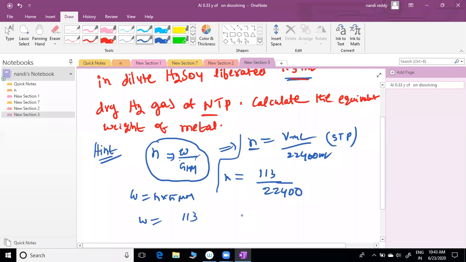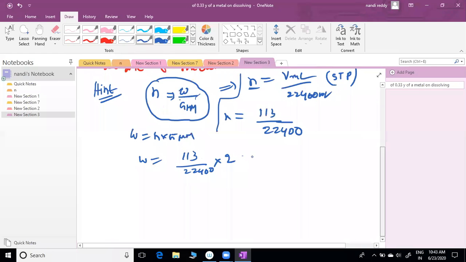By calculating this, approximately you will get 0.01 grams. So 0.01 gram of hydrogen is released by 0.33 grams of metal.